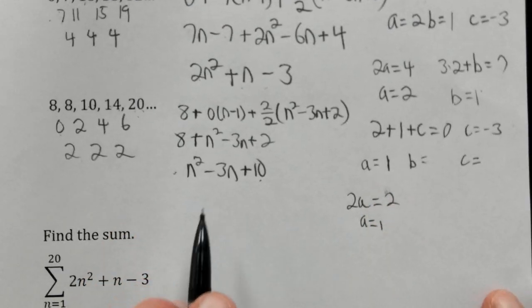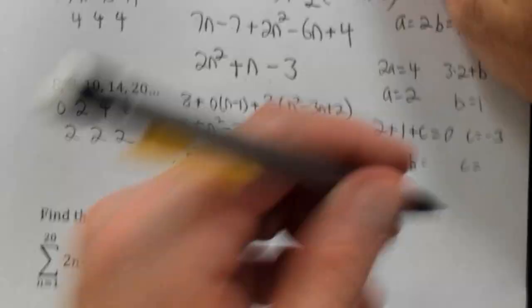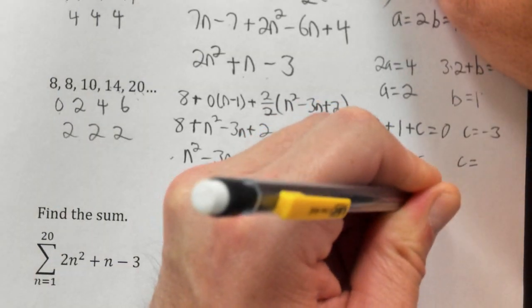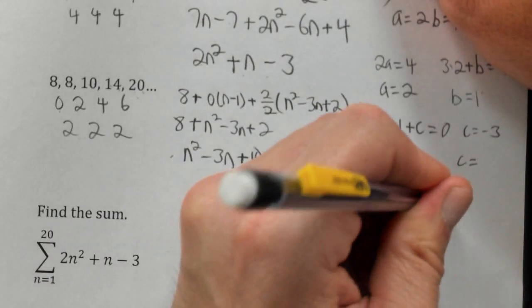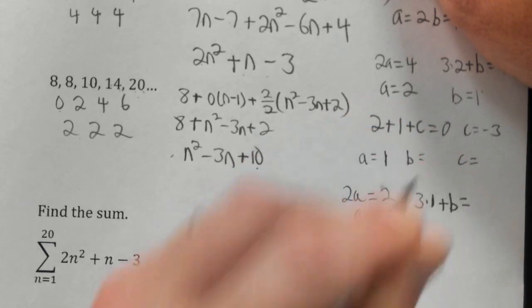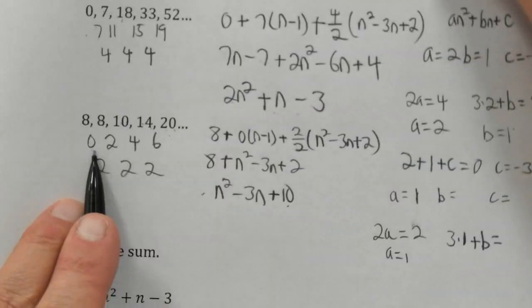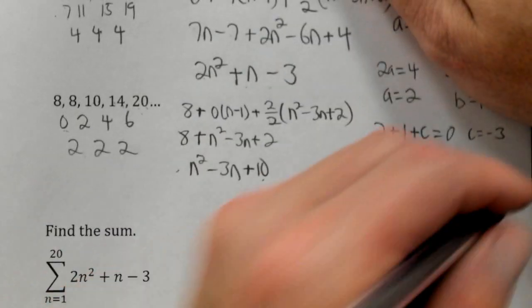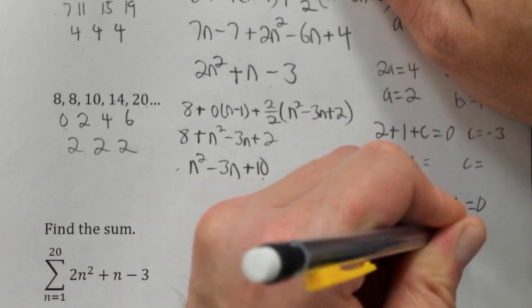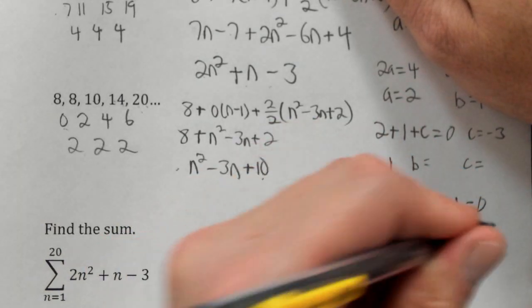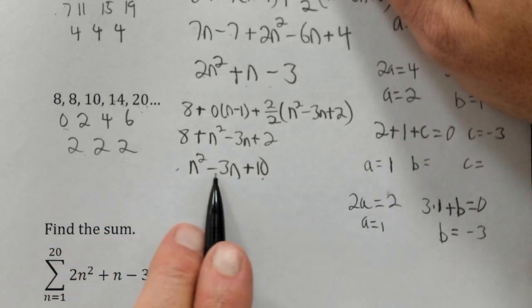All right, so my B now is going to be 3A plus B is what I need there. So I need 3 times 1, because we got 1, plus B equals this number, which is 0. And so that's going to make my B equal to negative 3, which is what we've got.